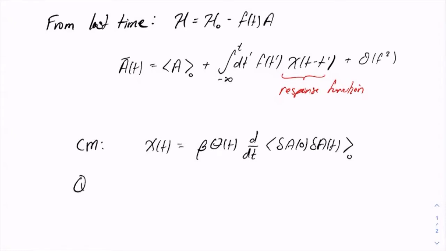What changes quantum mechanically is that we don't ever know exactly where the system starts. The origin of time, in some sense, is uncertain.